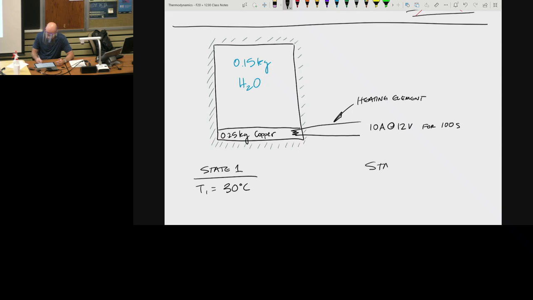What we want to know is the temperature at state 2, after that current has been put through that resistor and we have this heat happening. What is our temperature at 2?